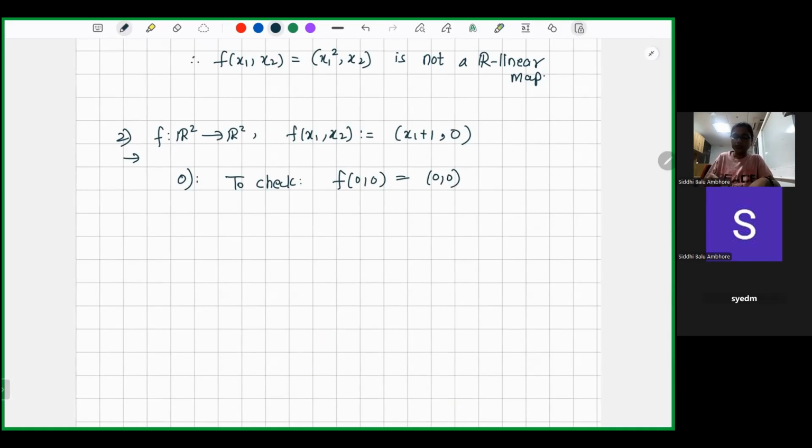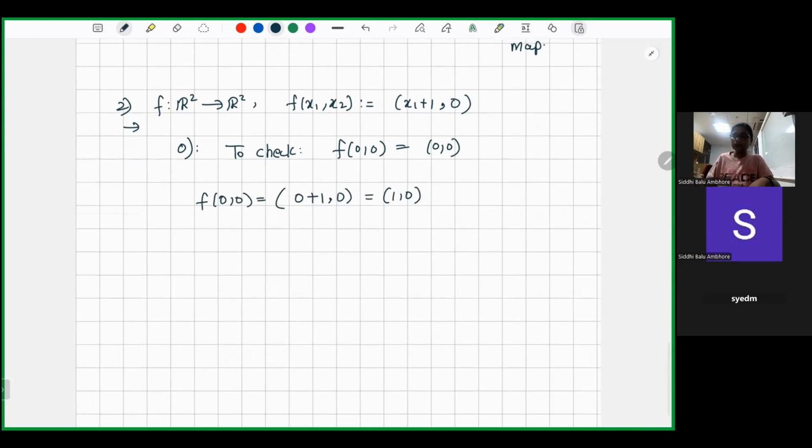This 0 is from the domain and this one is from the codomain. So f of (0, 0) here is (0 plus 1, 0). So this is (1, 0). So this is not (0, 0).